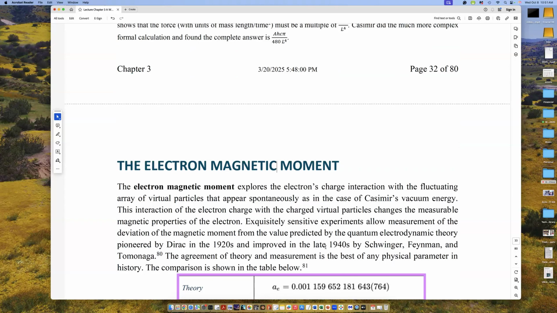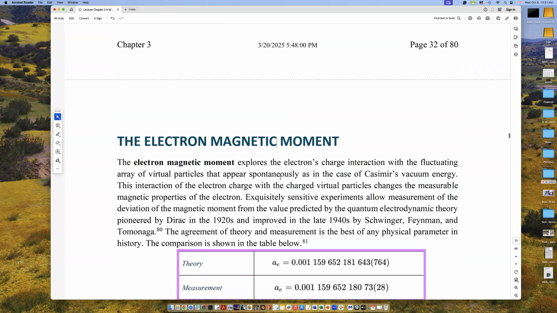This comes from work in the late 1940s by Feynman and two others. Working independently, all three got this number for the theory for a measure of the magnetic properties of the electron. And there's the measurement. And you can see they agree all the way out to this digit. This is the most precise prediction in the history of science.